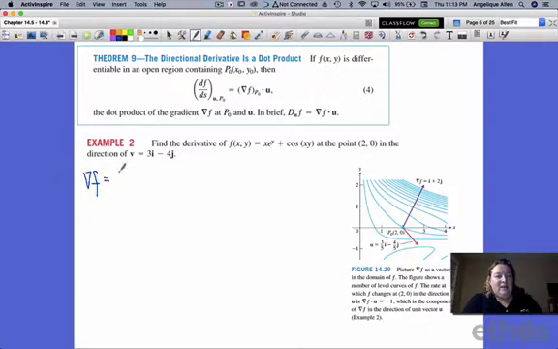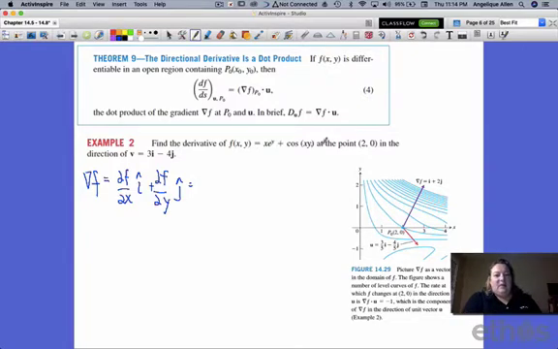So we need the partial derivative of f with respect to x, and that'll be our i component. And then we need the partial derivative of f in the direction of y, and that'll be our j component. Okay, so let's do that.